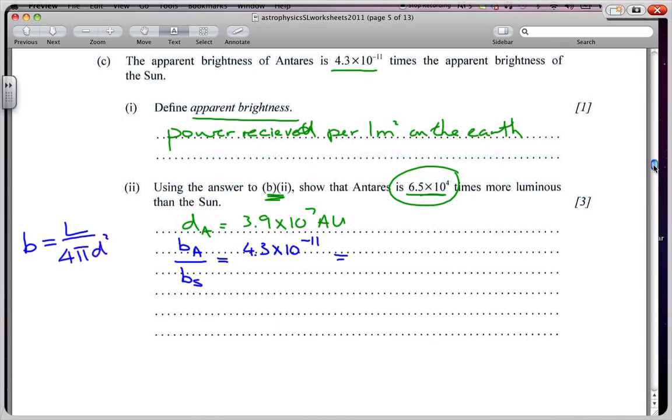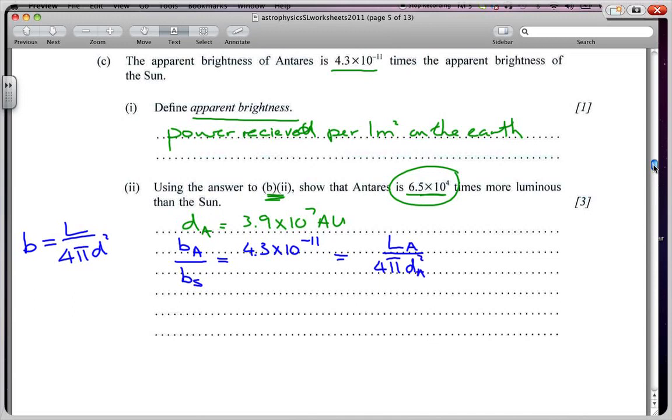It's important when I do this that I label it so that we keep the two different objects, Antares and the Sun, separate. So the BA is going to equal the luminosity of Antares divided by 4 pi the distance of Antares squared.